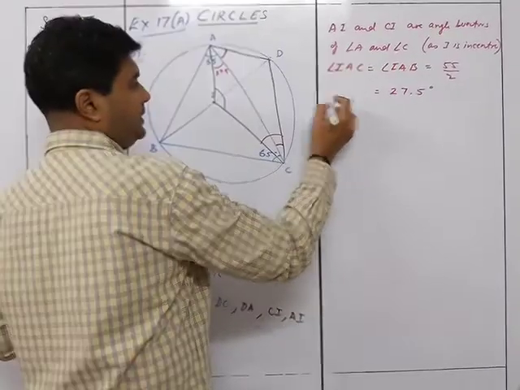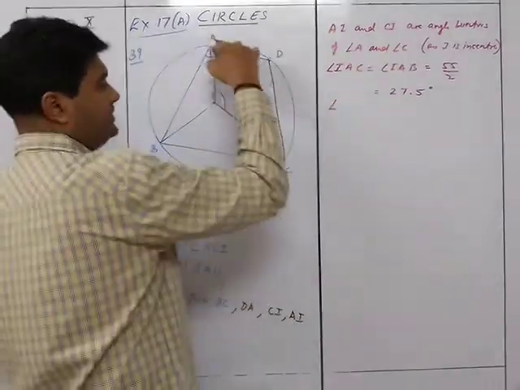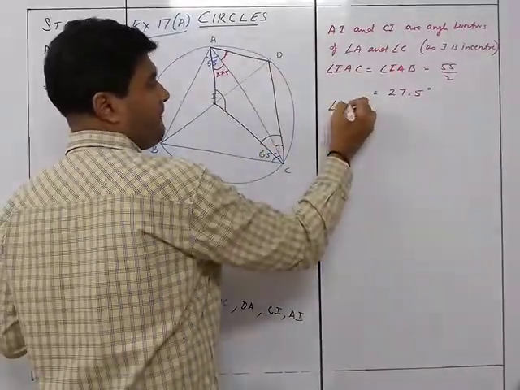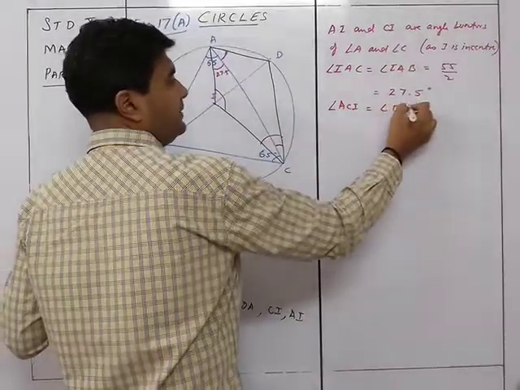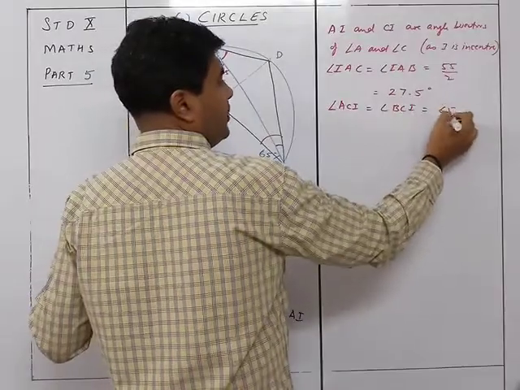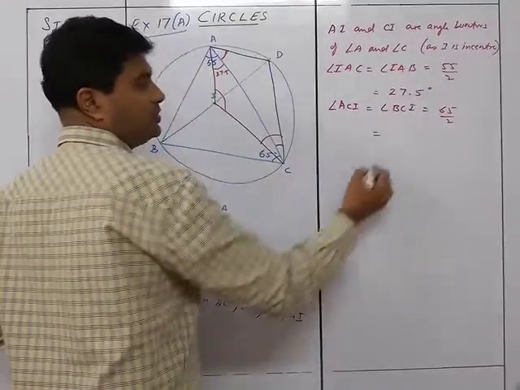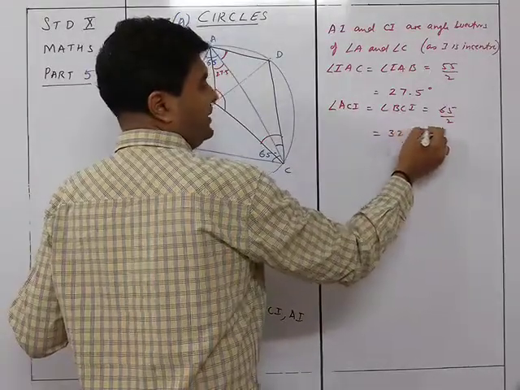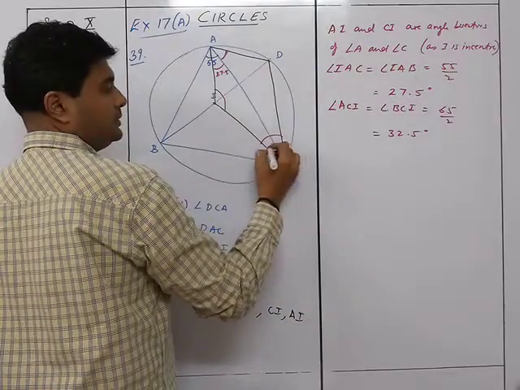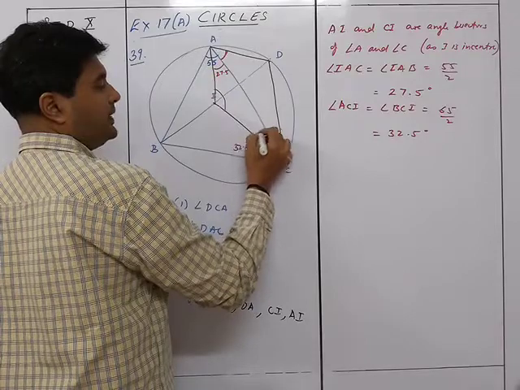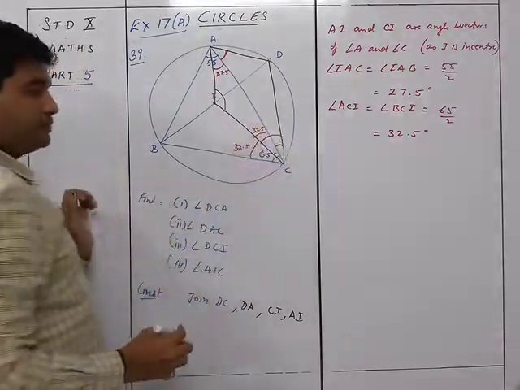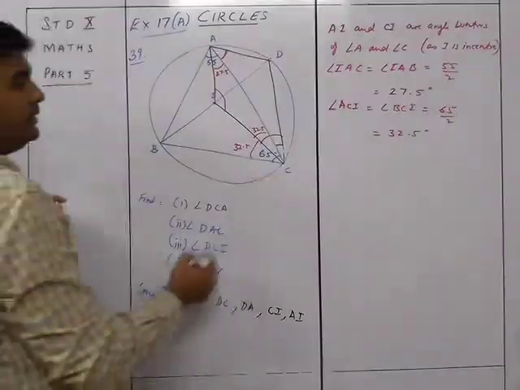Similarly, over here the same thing happens. Angle ACI is equal to angle BCI is equal to 65/2 is equal to 32.5 degrees. This part is 32.5, this part is 32.5. Okay.